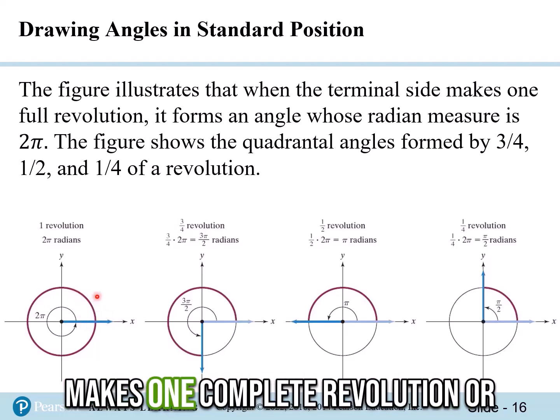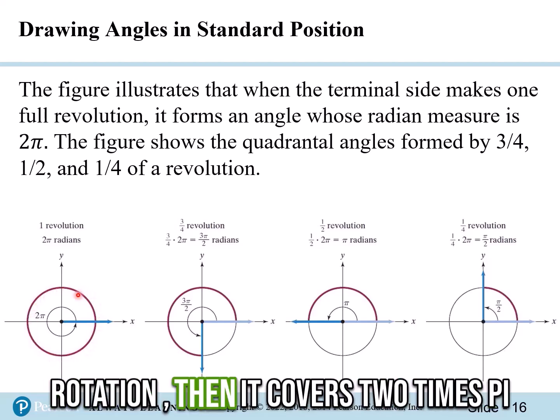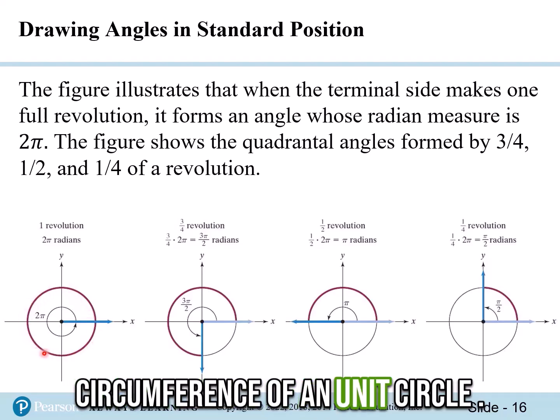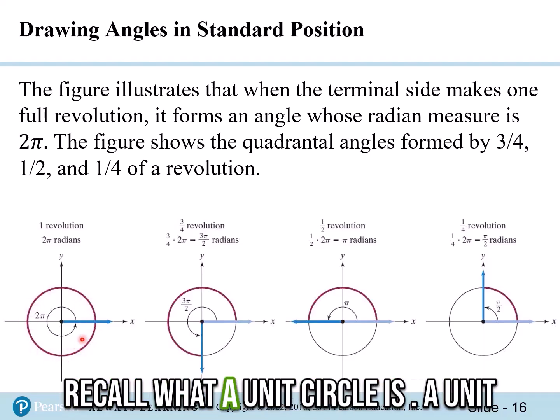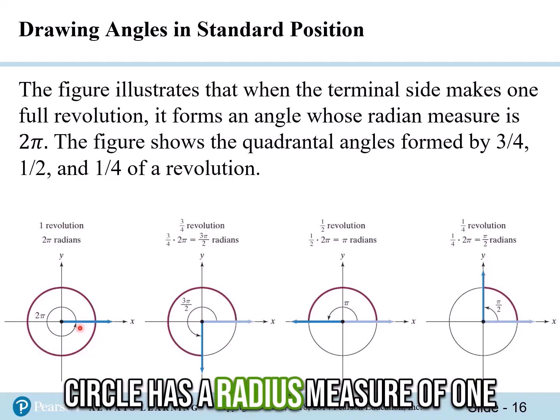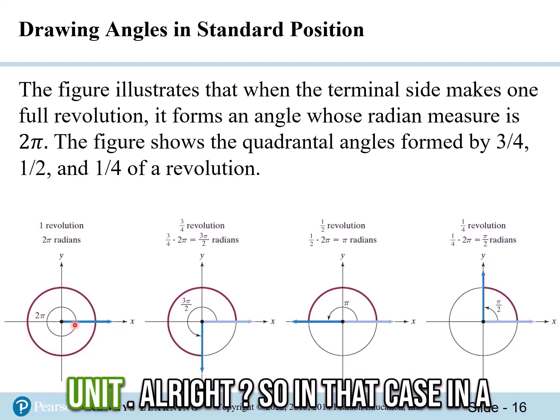So when it makes one complete revolution or rotation, then it covers 2 times pi, the circumference of a unit circle. Recall what a unit circle is. A unit circle has a radius measure of 1 unit.